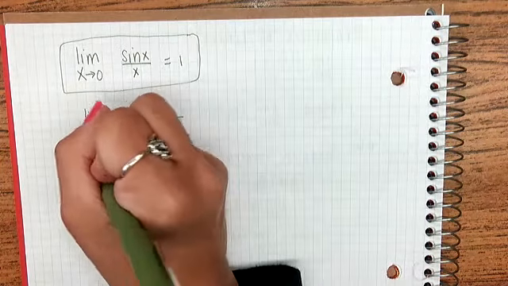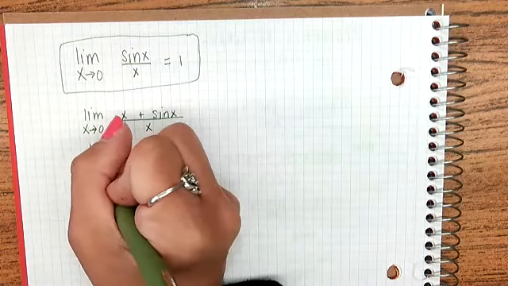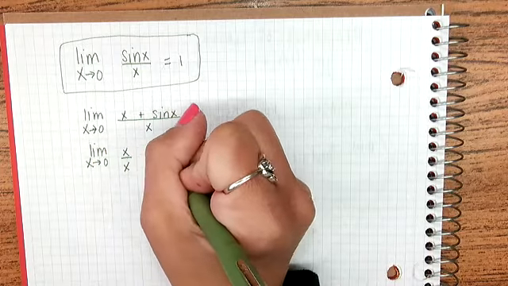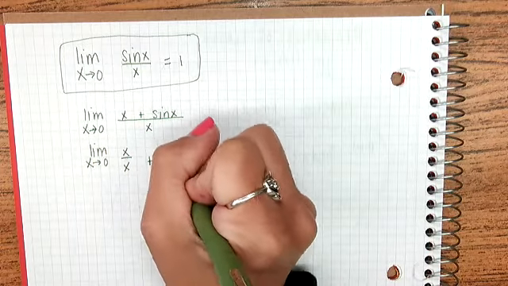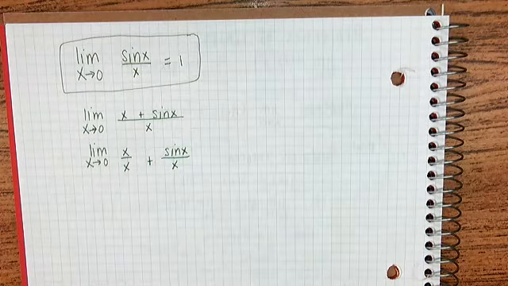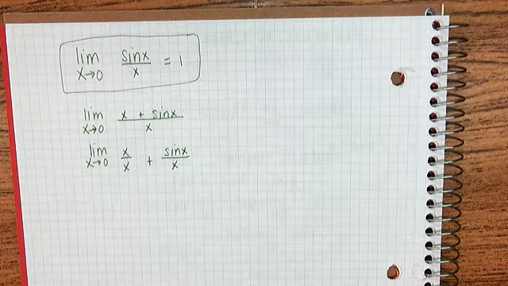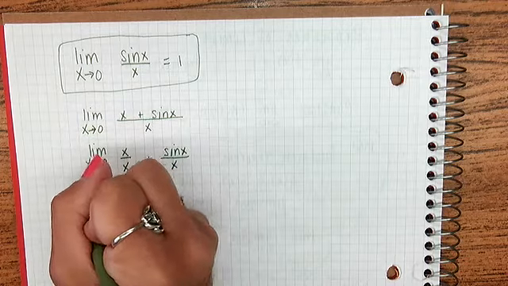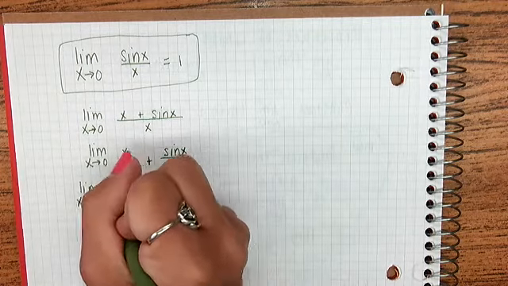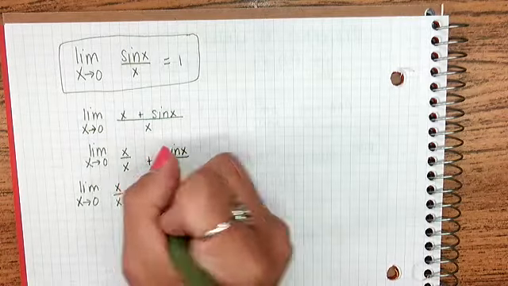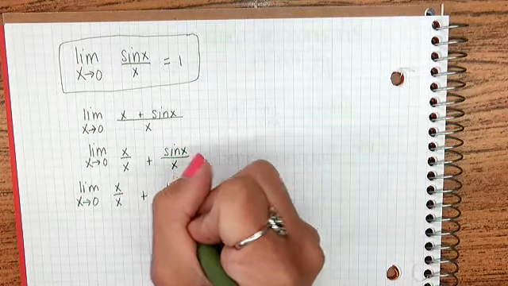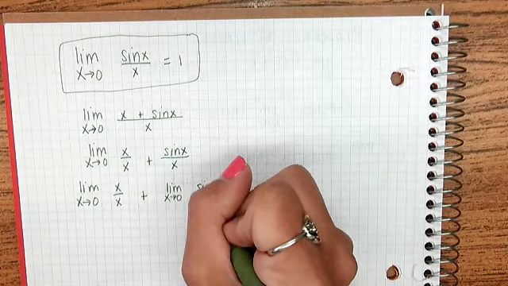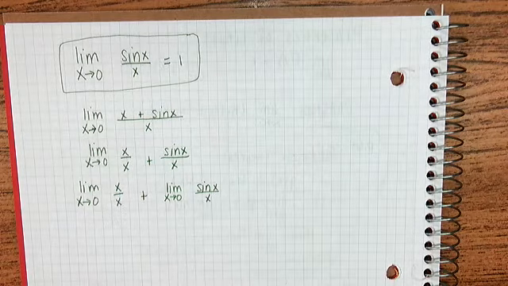This is going to be the limit as x approaches 0 of x over x plus sine x over x. Using, I think it's the sum property, the limit as x approaches 0 of x over x plus the limit as x approaches 0 of sine x over x.